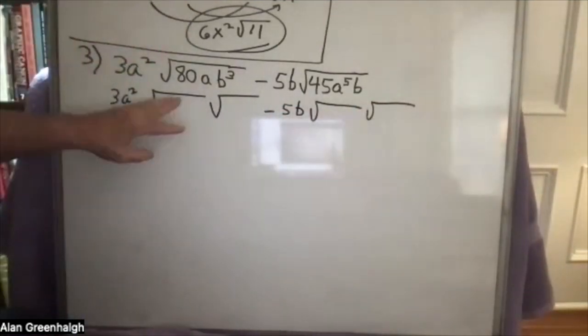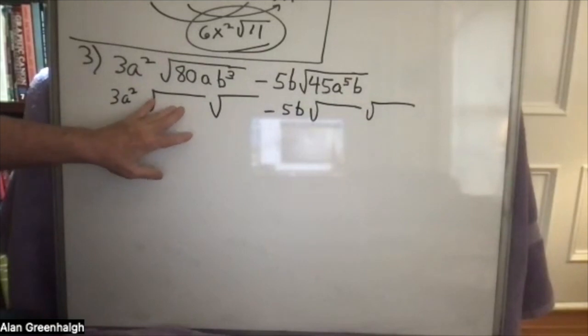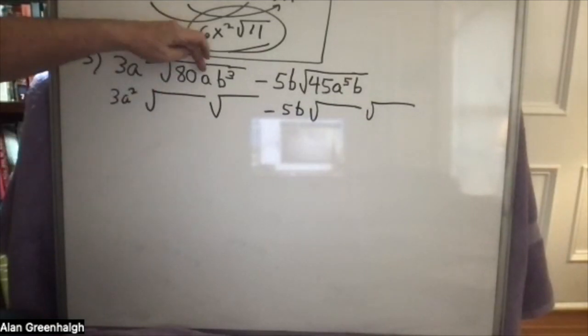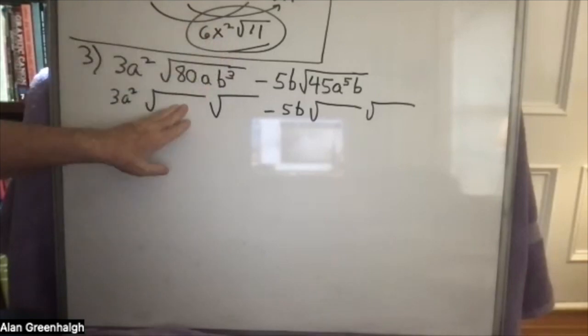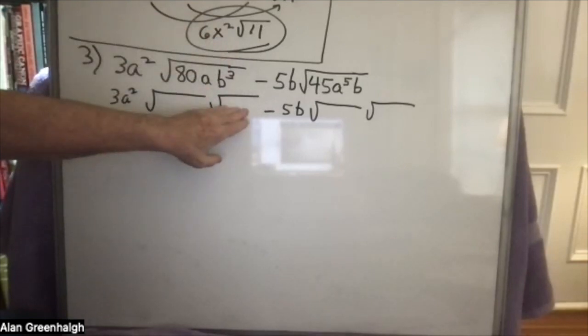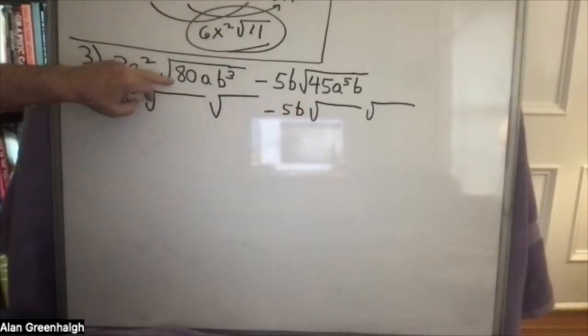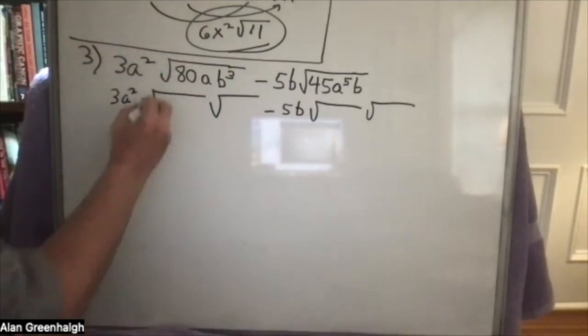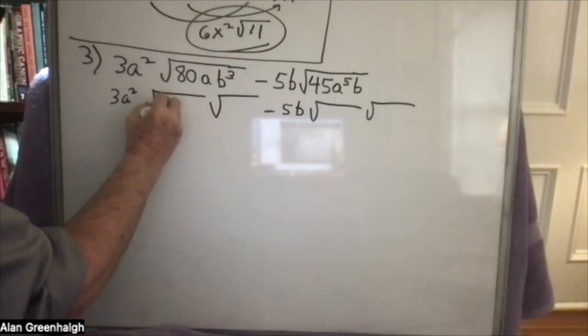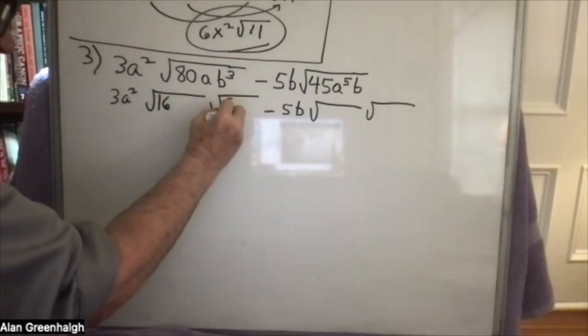Where you're going to take the perfect square factor of 80ab to the third and keep it in here, and then whatever else, you're going to do that. So the highest perfect square factor of 80 is 16. And then this is 5.